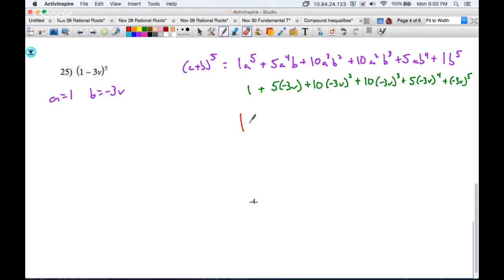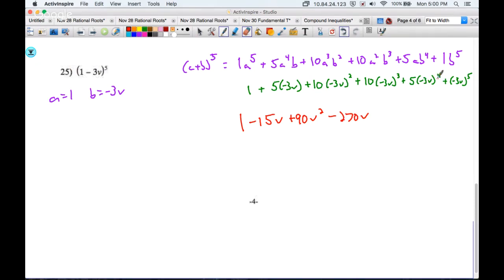Simplifying, I've got 1 minus 15v, okay, so this squared gets applied to the 3, which makes it a positive 9. So this becomes a plus 90v squared, plus negative 3 cubed is negative 27, so really minus 270v.